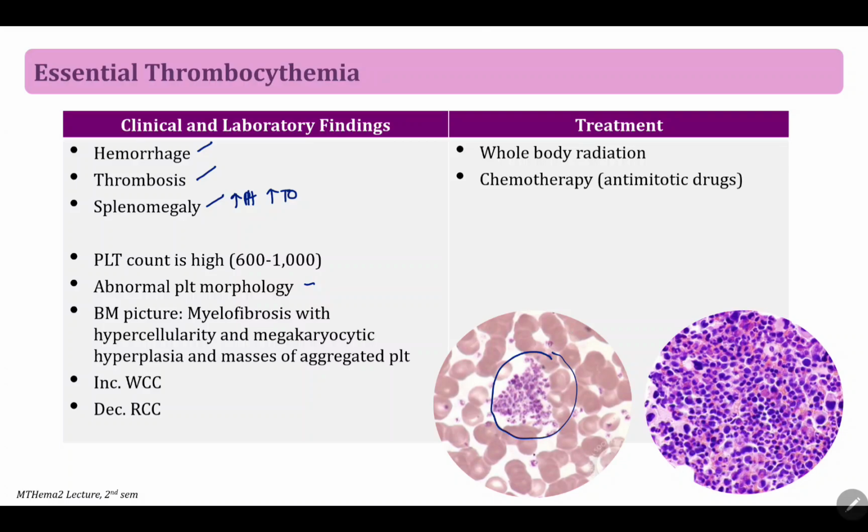Now, bone marrow picture shows myelofibrosis with hypercellularity and megakaryocytic hyperplasia and masses of aggregated platelets. There could be increased platelet and WBC in ET as the disease progresses and decreased red cell count without erythrocytosis. Now, treatment for ET is usually chemotherapy through the use of your anti-mitotic drugs para mag-stop yung proliferation ng platelets natin. And in other cases, we often give whole body radiation.